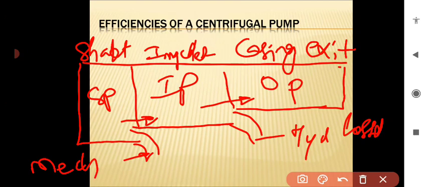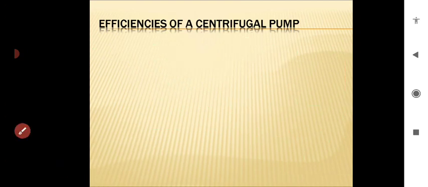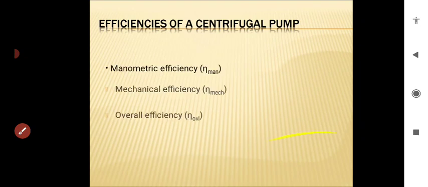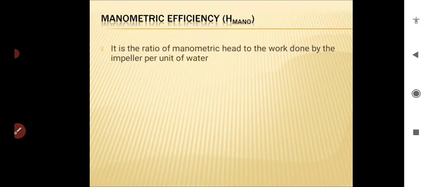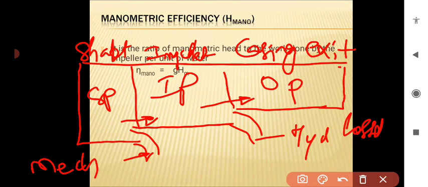So now we will discuss manometric efficiency, mechanical efficiency, and overall efficiency. Observe this. The manometric efficiency is the ratio of manometric head to the work done by the impeller per unit weight of water.